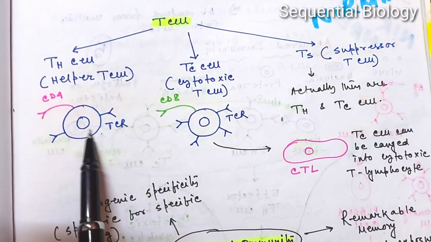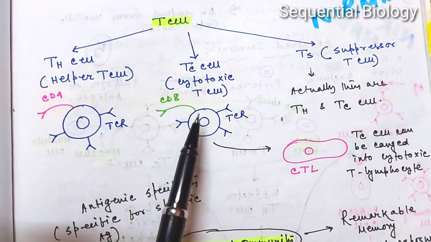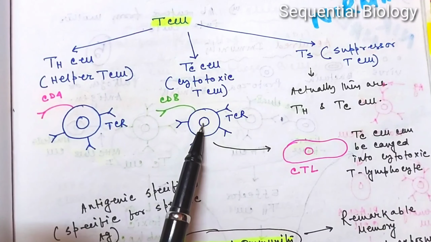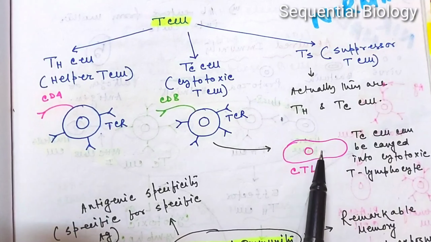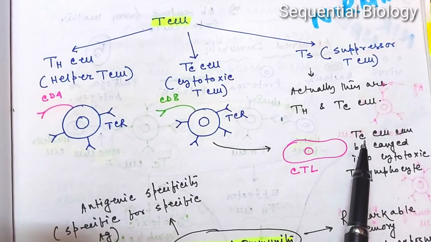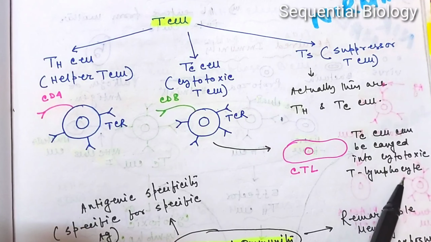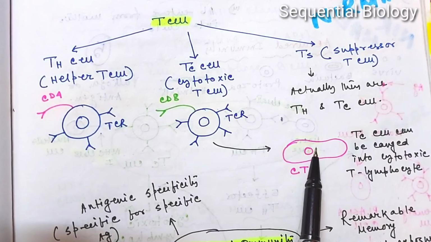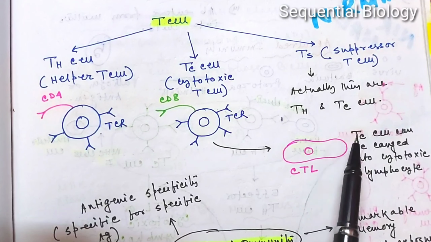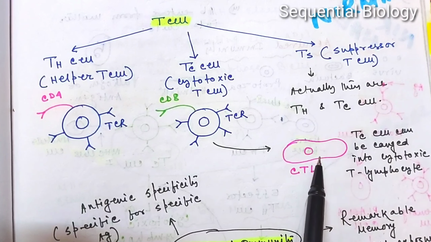The cytokine secreted from the helper T cell causes the differentiation of the cytotoxic T cell into cytotoxic T lymphocyte, and the cytotoxic T lymphocyte causes the destruction of any virus infected cell.